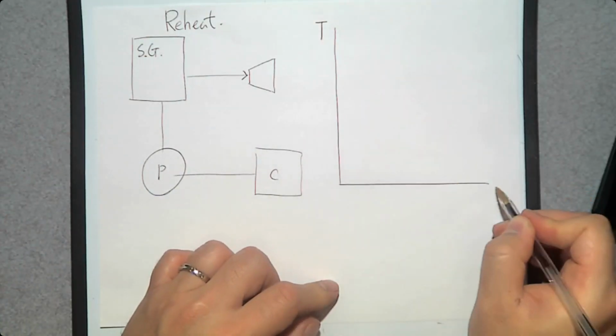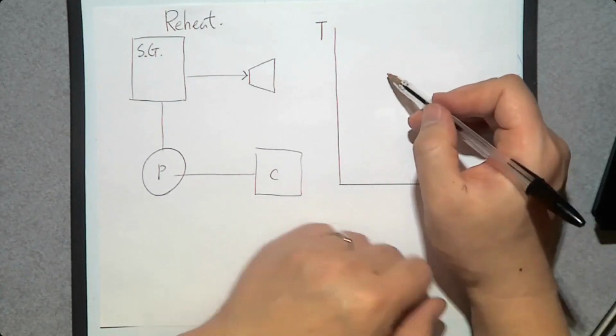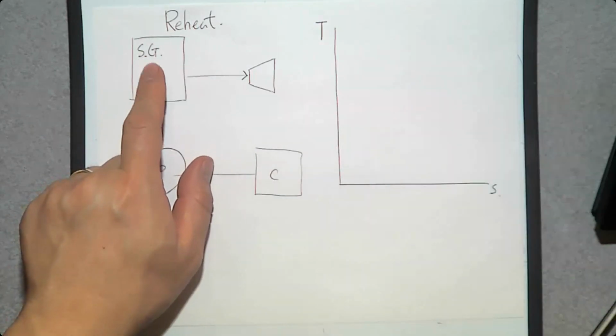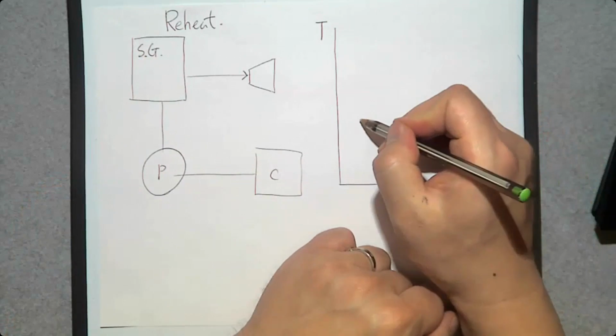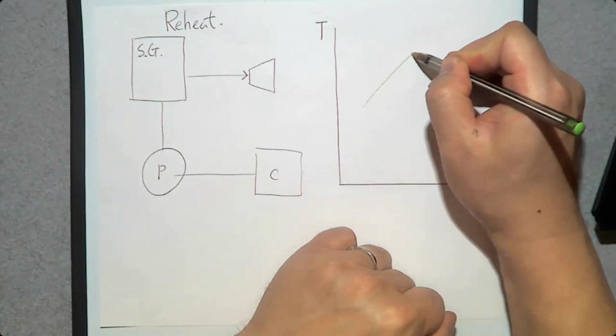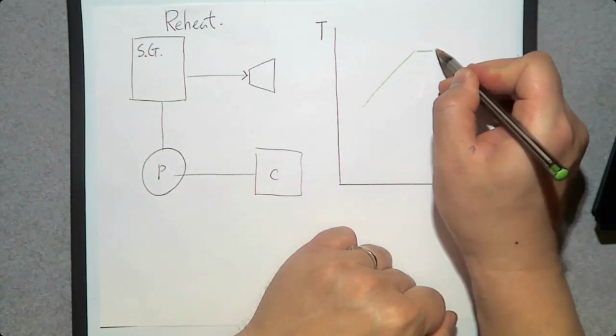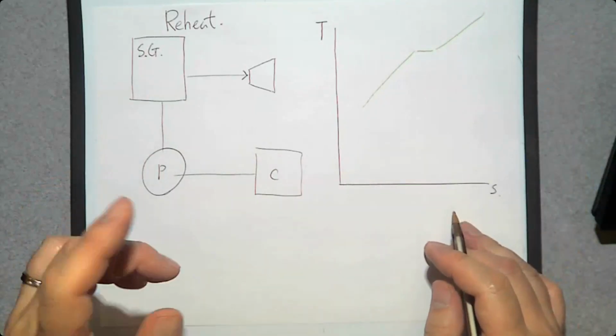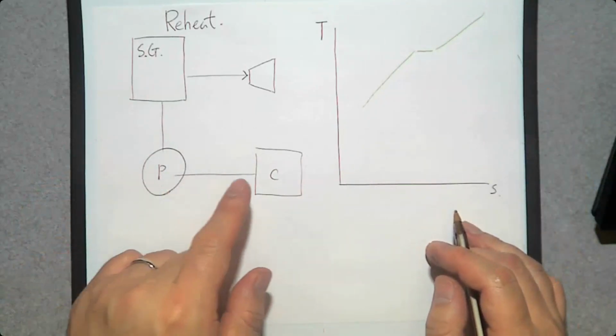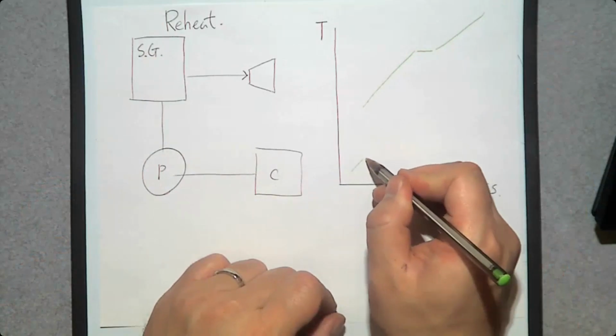On this TS diagram, we have the steam generator pressure, which should be very high, and we have condenser pressure very low.